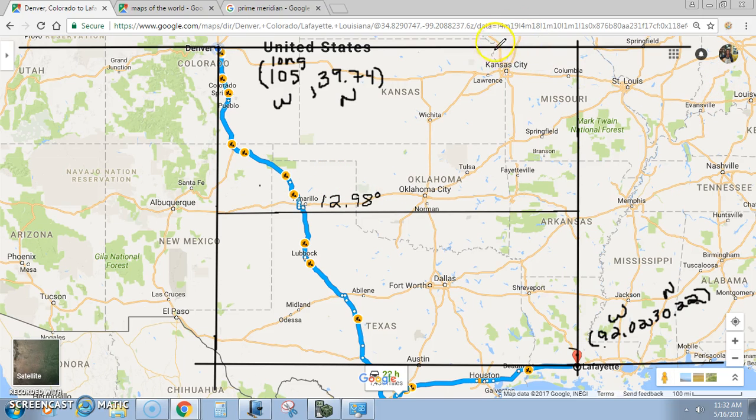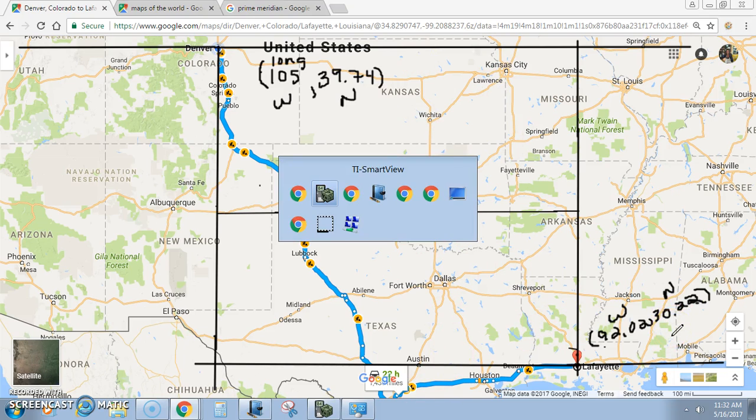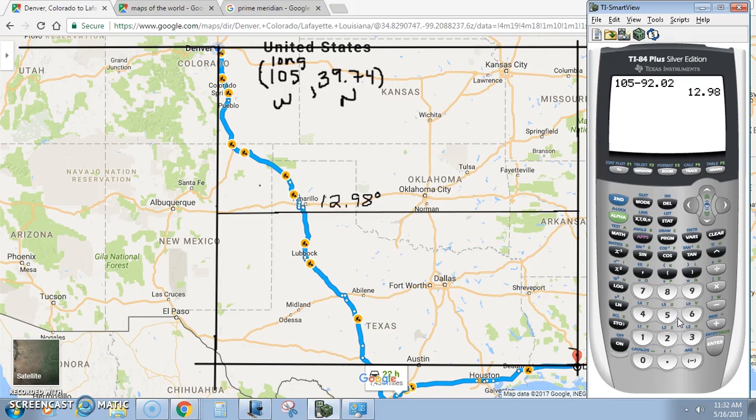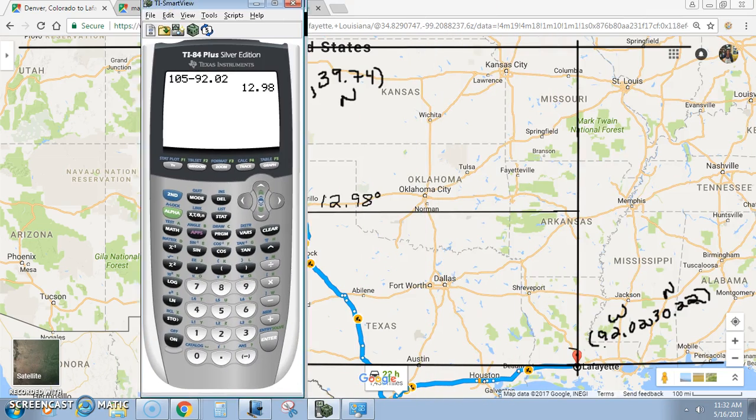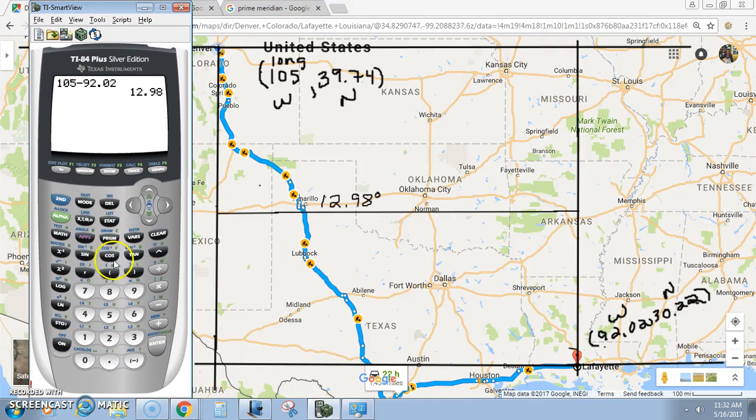And then I want to do, if Denver's all the way up here, almost at 40 degrees north, and Lafayette is down here at 30.22 degrees north, I'll find an exact distance here by doing the subtraction, but it's going to be pretty close to 10, right? I'm almost at 40, I'm at about 30, so we're going to be at about 10 degrees difference here. Let me move this out of the way so I can see the numbers.